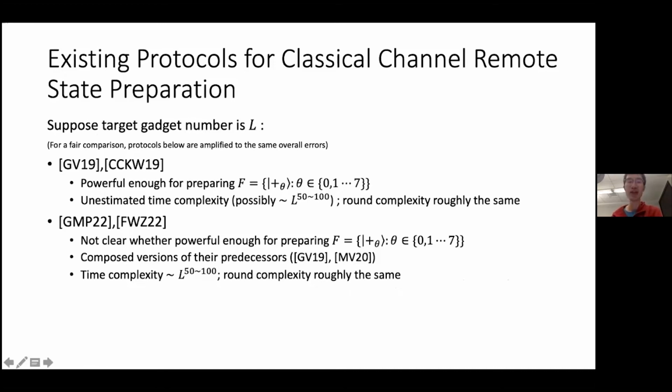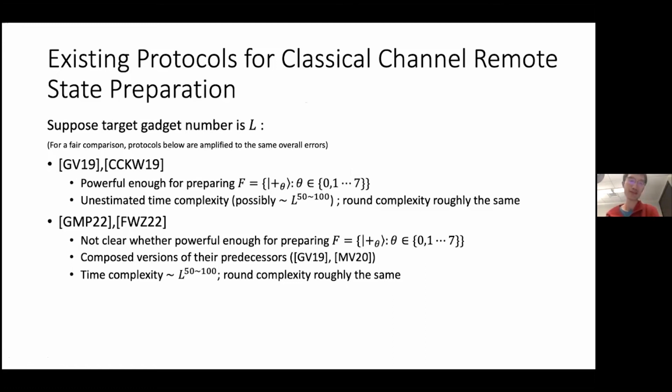So let's give a review of existing protocols for classical channel remote state preparation. People have already done a lot of work on this problem. Suppose we are aiming at preparing L gadgets in the form of plus theta. In the papers GV19 and CCKW19, the authors give protocols that are powerful enough to prepare this form of gadgets.